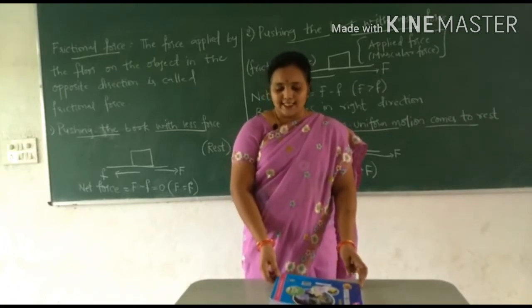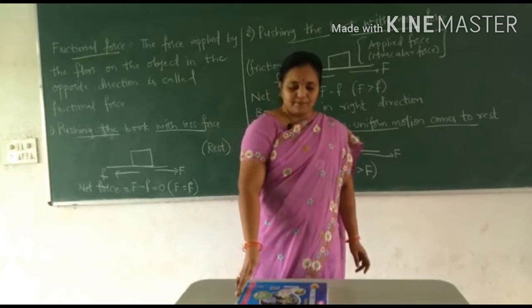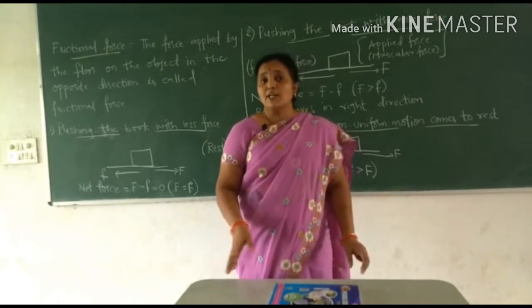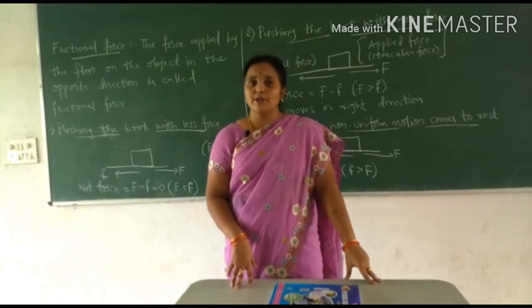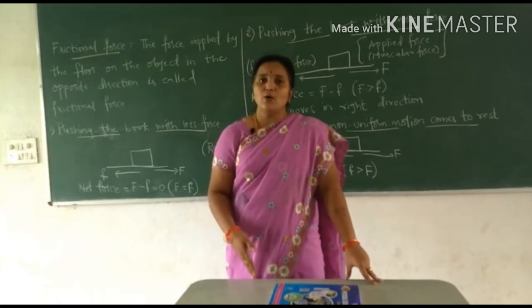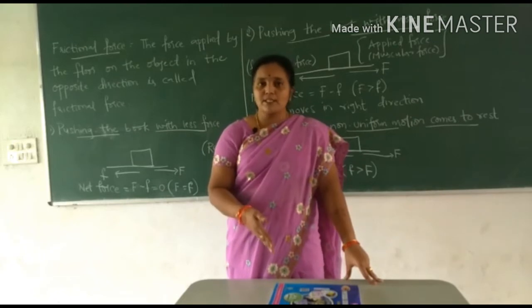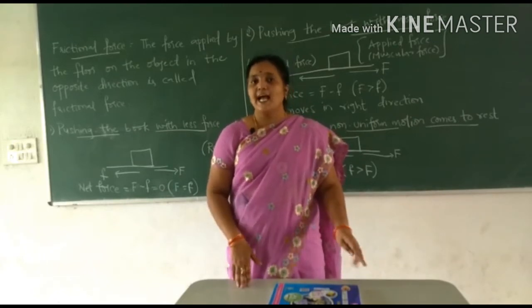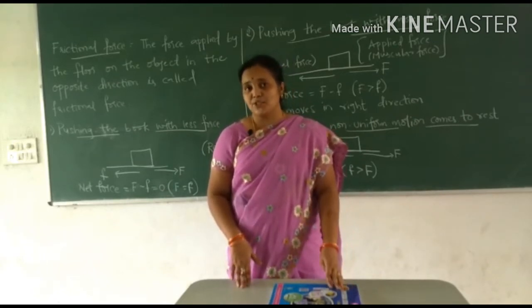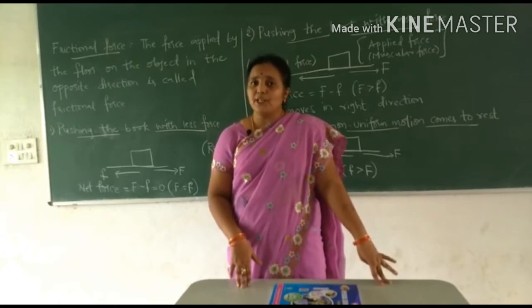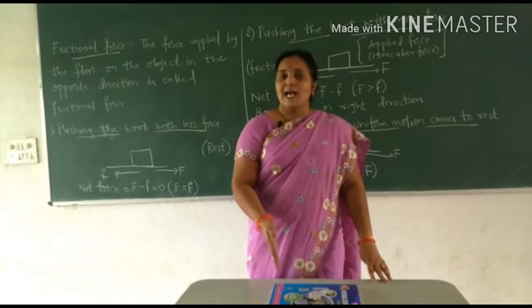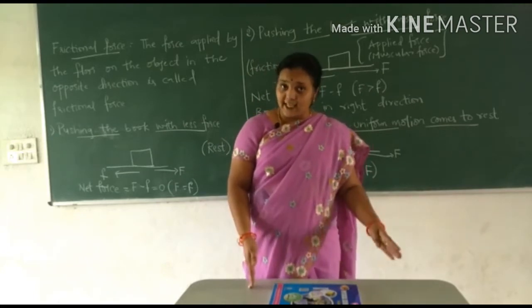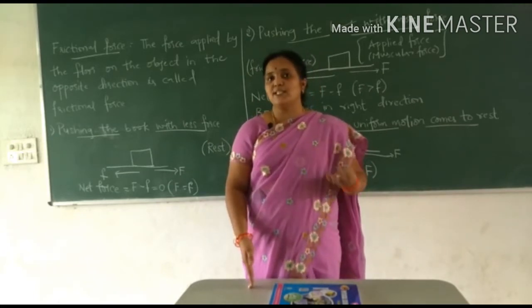Now we will see the third situation. See. The book is not continuously moving. Here we can see that the book is in non-uniform motion. That means slowly the applied force has decreased and the book has come to the rest position. Why has the book come to the rest position? Because as the applied force is decreasing, the frictional force is increasing.